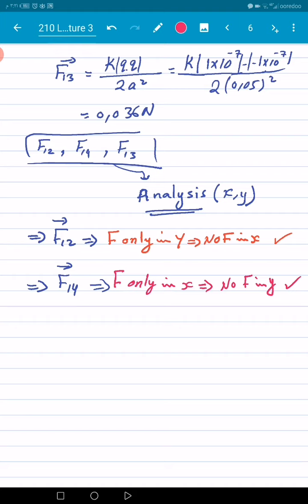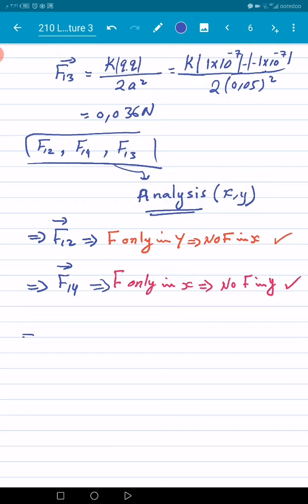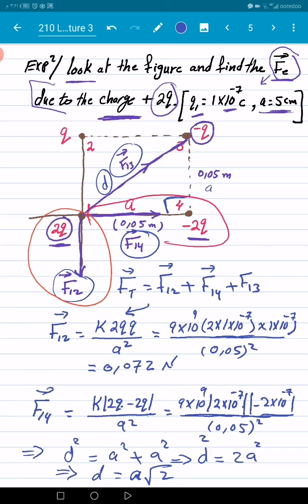So the problem now to analyze is the third one, F13, because F13 works in x and it also works in y. So from the Pythagorean theorem, we can find the angle here by using this information.